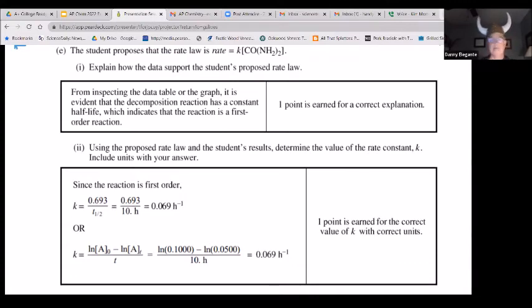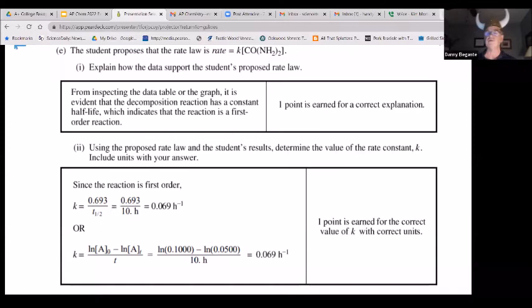Now that whole bottom equation, I've never seen anybody do that. If you love you some math and you wanted to do that, just realize that K comes from the integrated rate law for first order. But most people just plug it straight into the half-life thing.